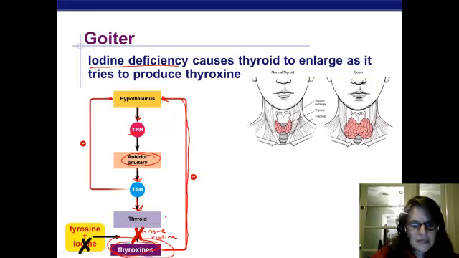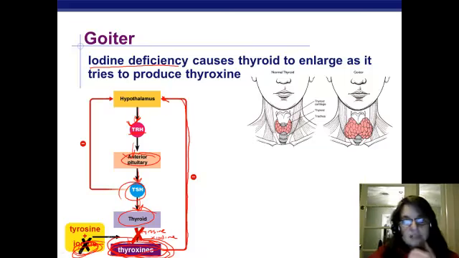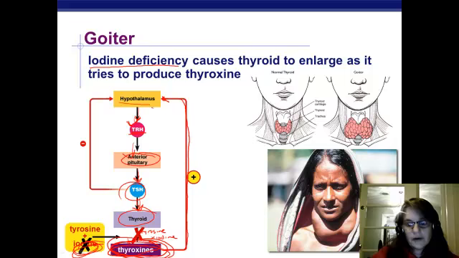So the hypothalamus, not getting any signal that thyroxine is being made, because there's no iodine, keeps sending releasing hormone, which keeps telling the pituitary to keep the thyroid making this, which is not getting made because there's no iodine. So the thyroid is overworked, because the hypothalamus is never getting a signal to stop. And this causes goiter, which is this incredibly enlarged thyroid gland that you see in this woman here. Okay? Because there's no iodine in the diet.